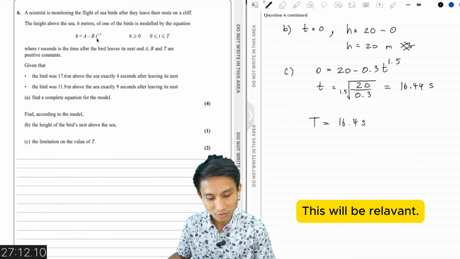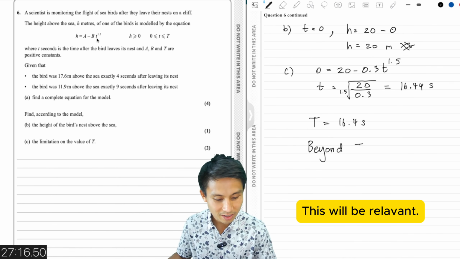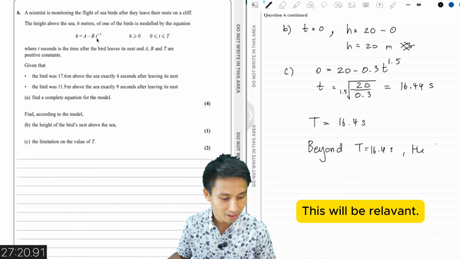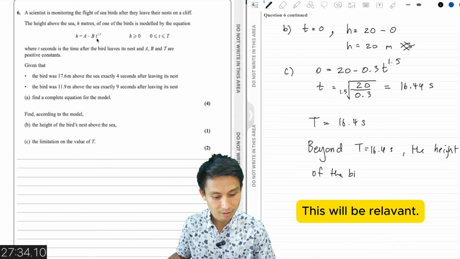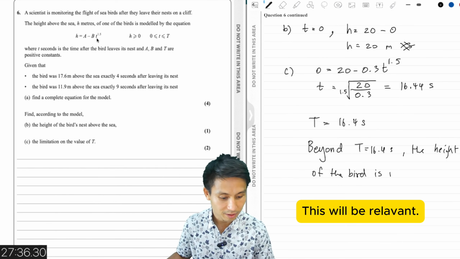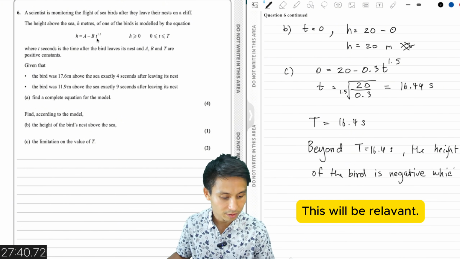Okay, so I think beyond t equals 16.4 seconds, the height of the bird is negative, which is not realistic.